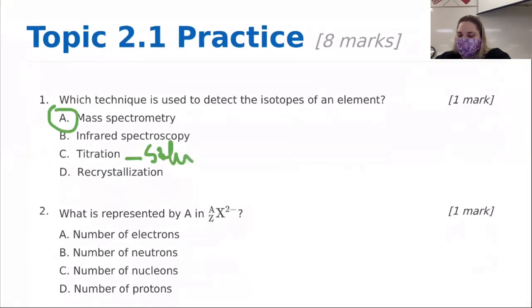That has to do with the solution concentration. Recrystallization, that's where something that was a solid and maybe is now a liquid or solution is turning back into a solid. And then infrared spectroscopy is another technique that we will talk about in another topic, so we haven't gotten to that one yet. So that's a basic, just a definition type of question.